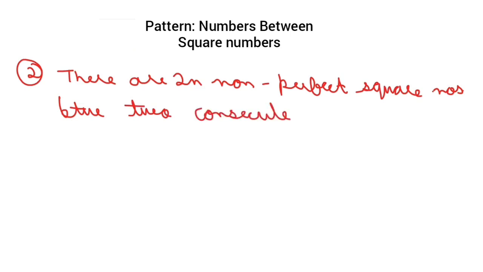So this was a statement. The statement says that there are 2n non-perfect square numbers.